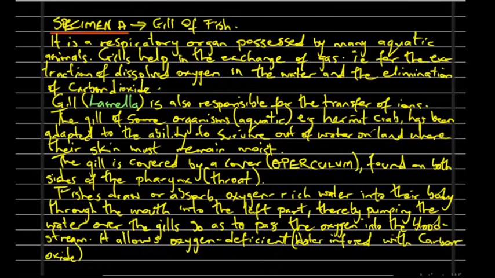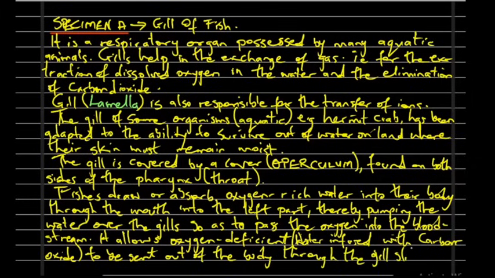It allows oxygen deficient water, or water infused with carbon dioxide, to be sent out of the body through the gill slits. These gill slits are found on the right. So that is how respiration is done using the gill of the fishes. That is how the fishes actually carry out respiration in their body parts.